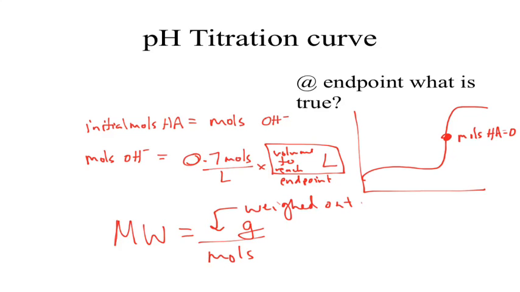Okay? So in this experiment, we're taking advantage of 2 points. The end point and our half equivalence. All of our calculations hinge on being able to determine the end point as accurately as possible. So when you go through and do your titration, you want to make sure that you get lots of points on this vertical line, which means very, very small volume changes.